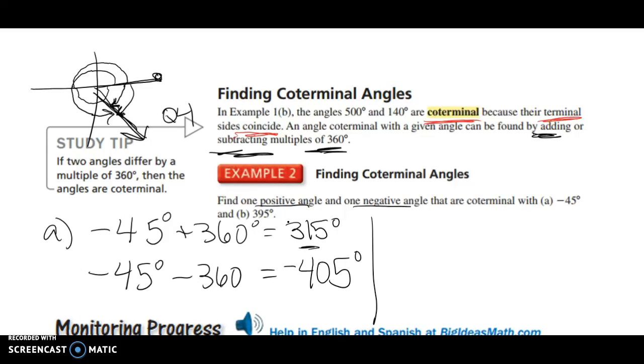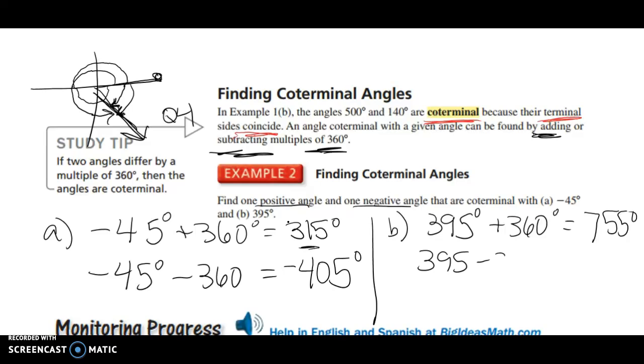Let's try B. For B, the angle's 395. I want to find a positive and negative coterminal. So let's add 360, and I get an angle of 755 degrees. I can then subtract 360, and I get 35 degrees.